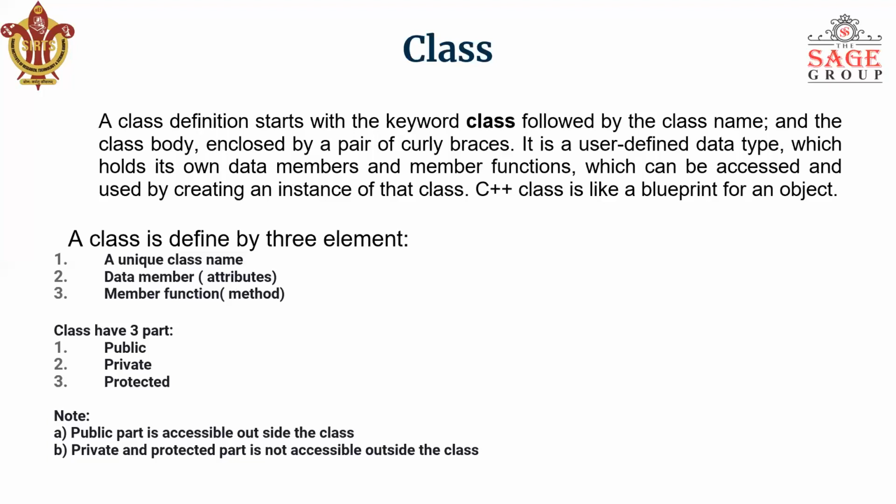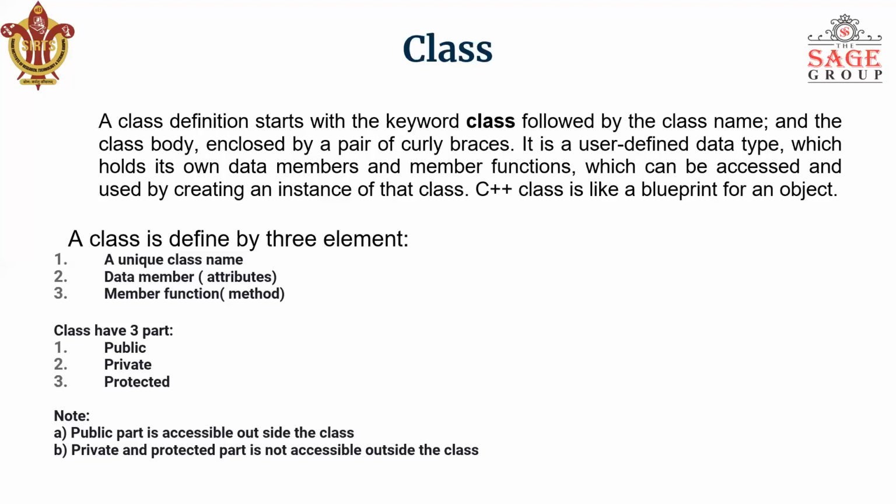Basically, a class is defined by three elements: the unique class name, the data member that is simply known as attribute, and the member function. A class contains three parts: public part, private part, and protected part.